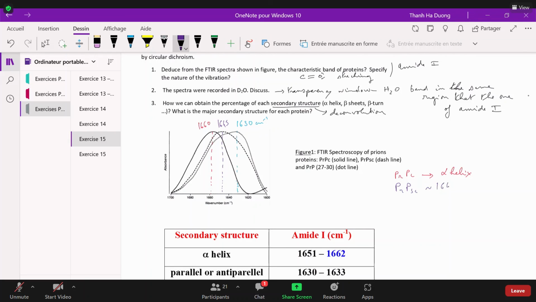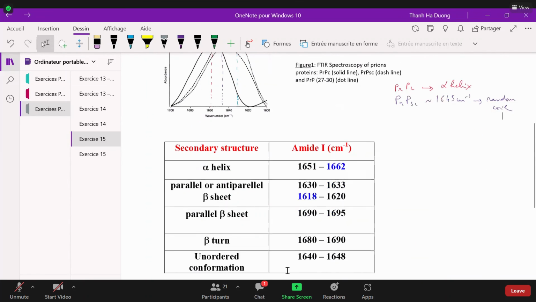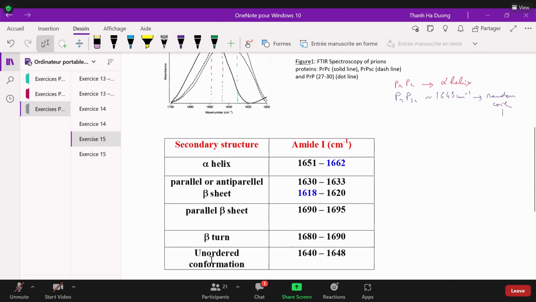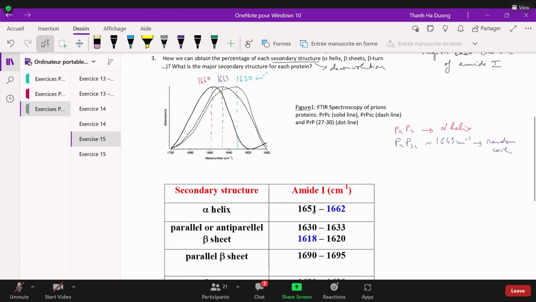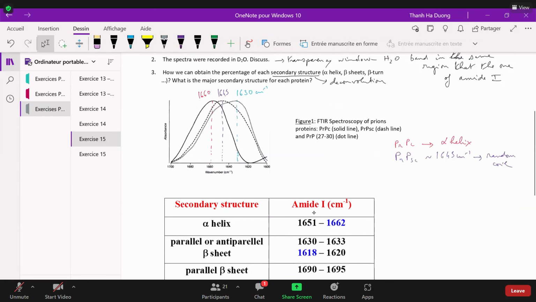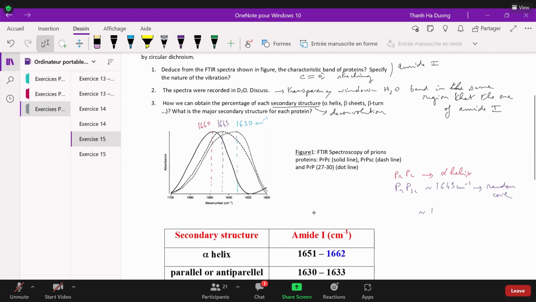You have one band which corresponds to the random coil, and the other at 1630 cm⁻¹, which corresponds to a beta sheet.